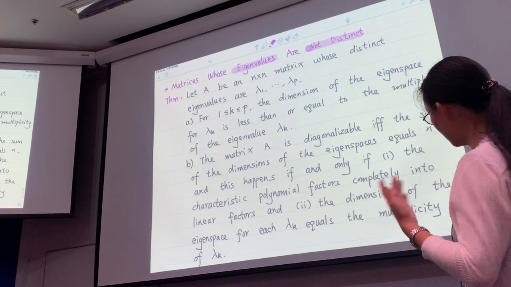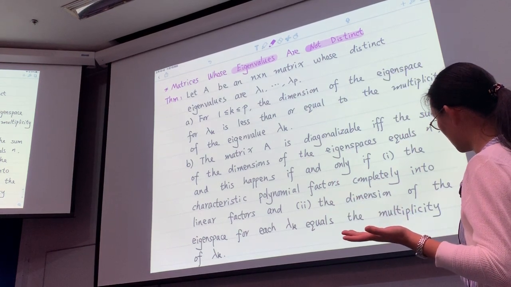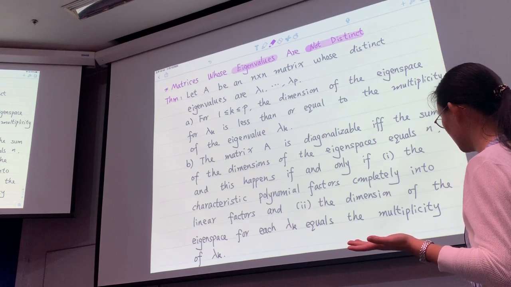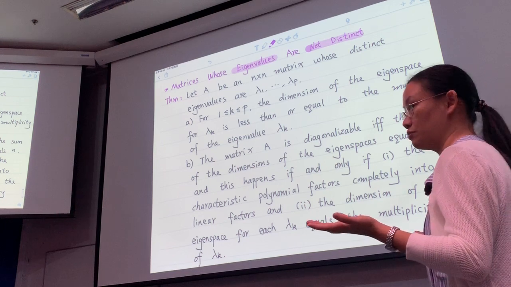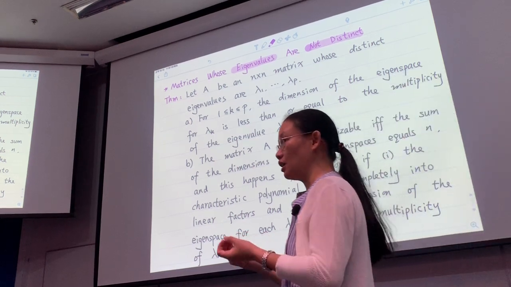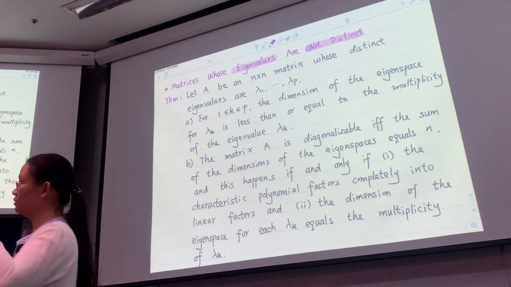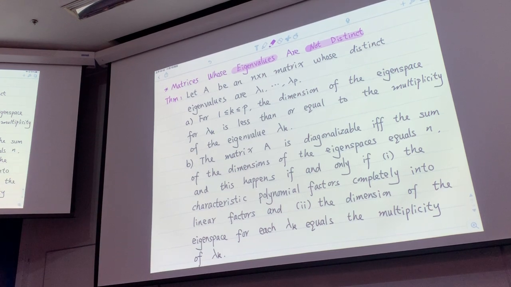Then under which condition will this happen? The characteristic polynomial factors completely into linear factors. The characteristic equation is a polynomial of degree n, and if we count the multiplicity, we should have n real solutions, not complex solutions, right?